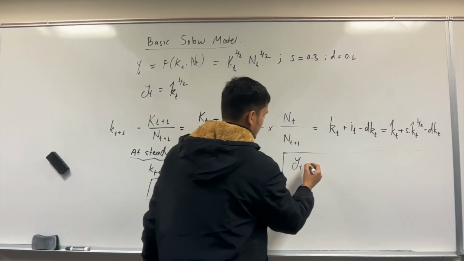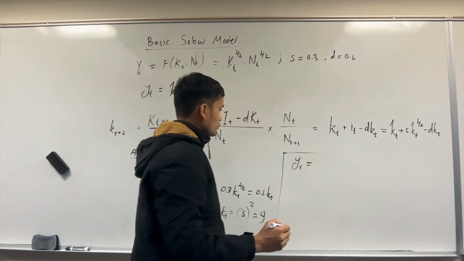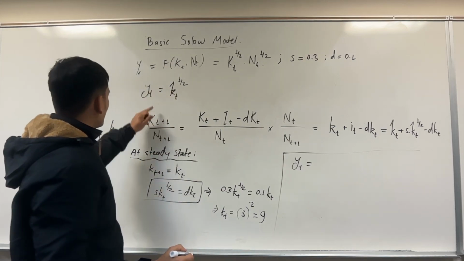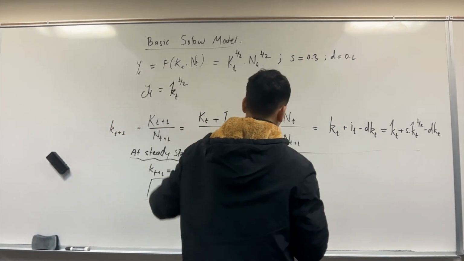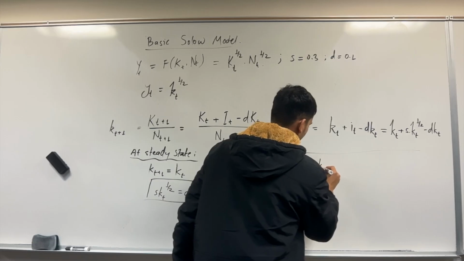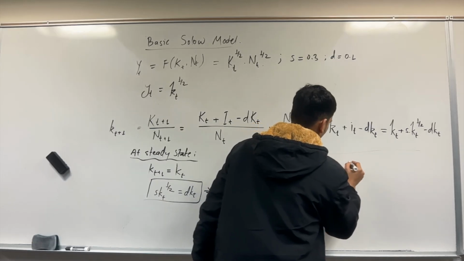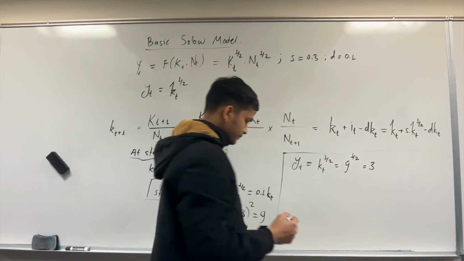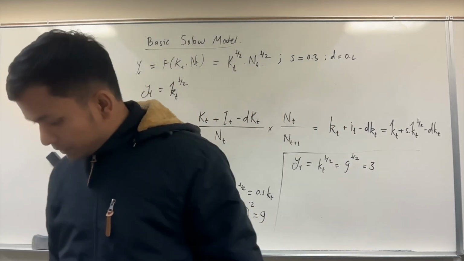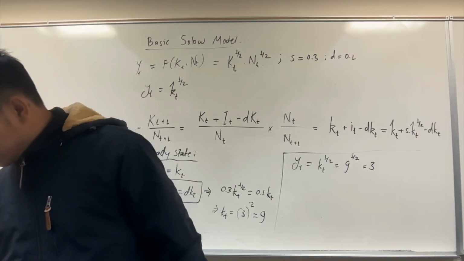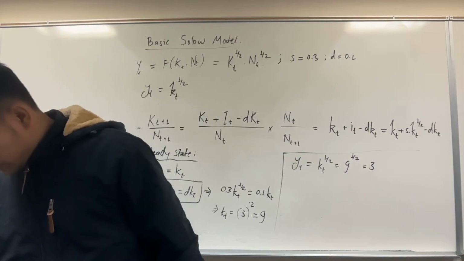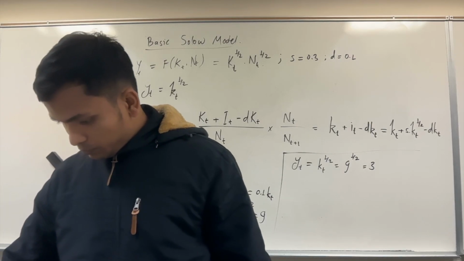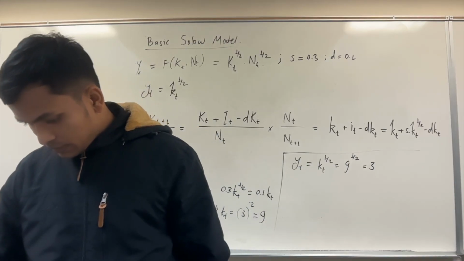So let's find y_t per person, where y_t is k_t to the power 1/2, which equals 9 to the power 1/2, that is 3.